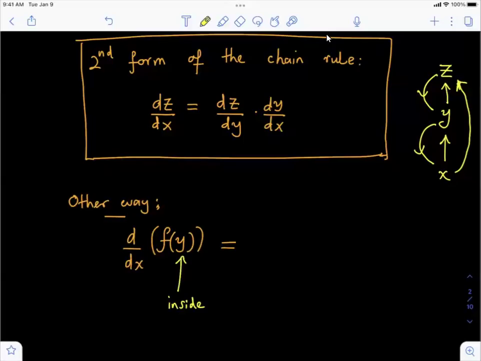So how do you take the derivative? All you're going to do is take f prime of the inner function, and multiply by the derivative of the inner function with respect to x. In simple words, it is none other than just y prime.